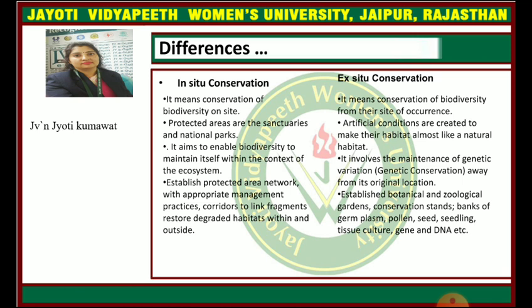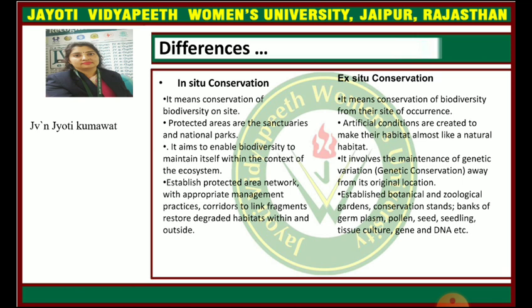Ex situ means conservation of biodiversity away from their site of occurrence. The second difference observed is that protected areas like sanctuaries and national parks are used in in situ conservation. And in ex situ conservation, artificial conditions are created to make the habitat almost like the natural habitat.